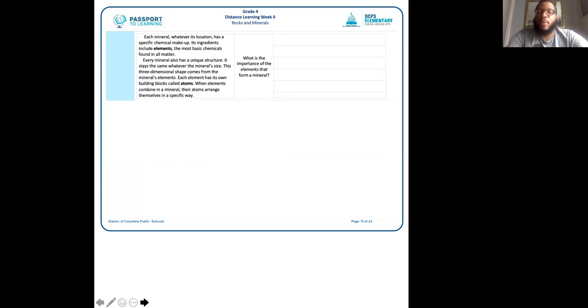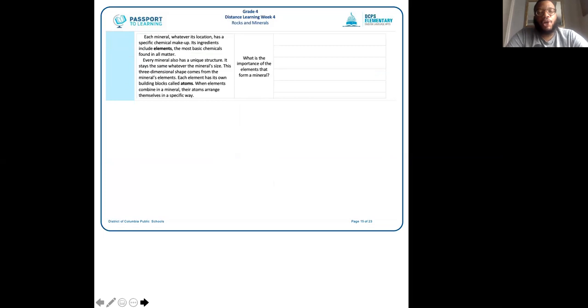All right, our last question that we're going over today says, what is the importance of the elements that form a mineral? Once again, what is the importance of the elements that form a mineral? So let's read the chunked text for our evidence. It says each mineral, whatever its location, has a specific chemical makeup.